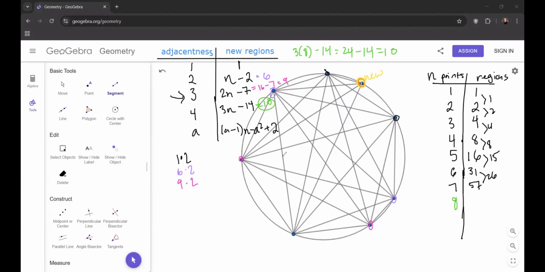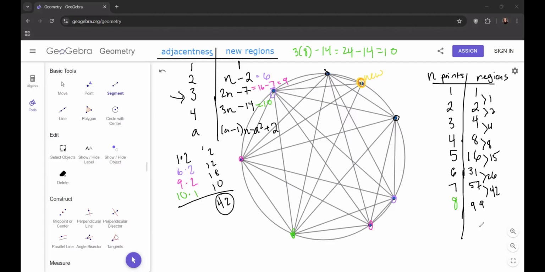We've already got those 10 new regions coming from this 1 point. So all together, that's 2 plus 12 plus 18 plus 10, which is 42 new regions. So if I add that up, I'm going to end up with 99 regions here.